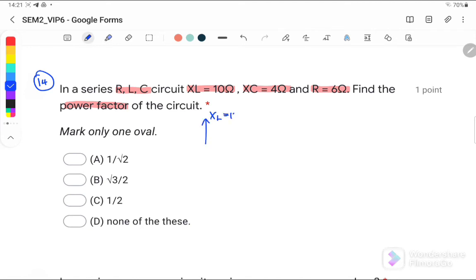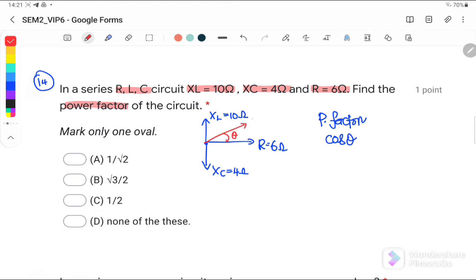To find the power factor, we want to find cos theta, which is the angle between our impedance and R. So we use the equation cos theta equals R over impedance, where R is equal to 6 ohm.